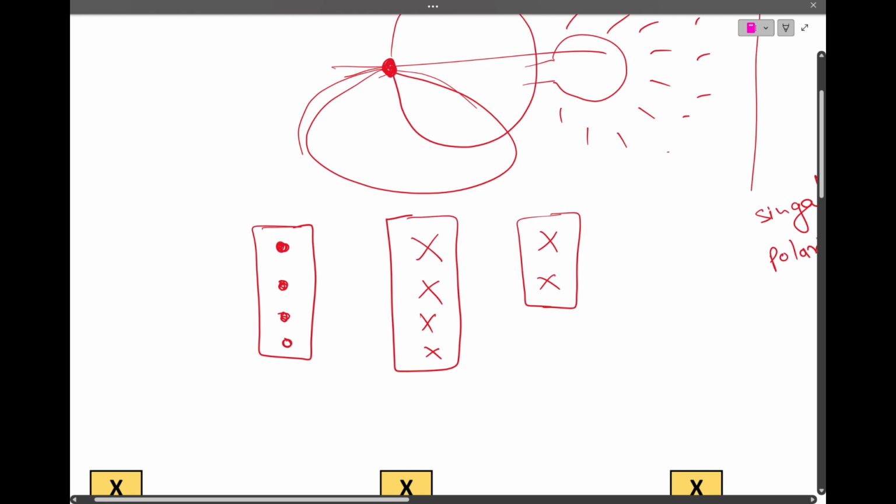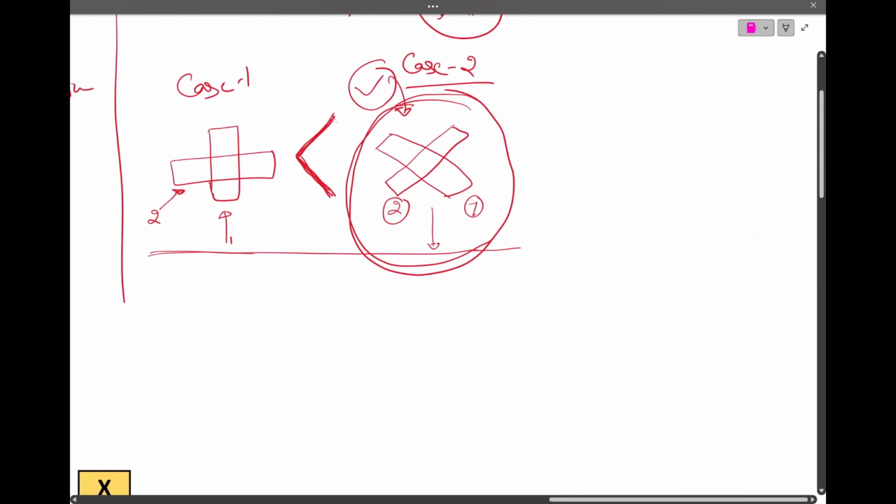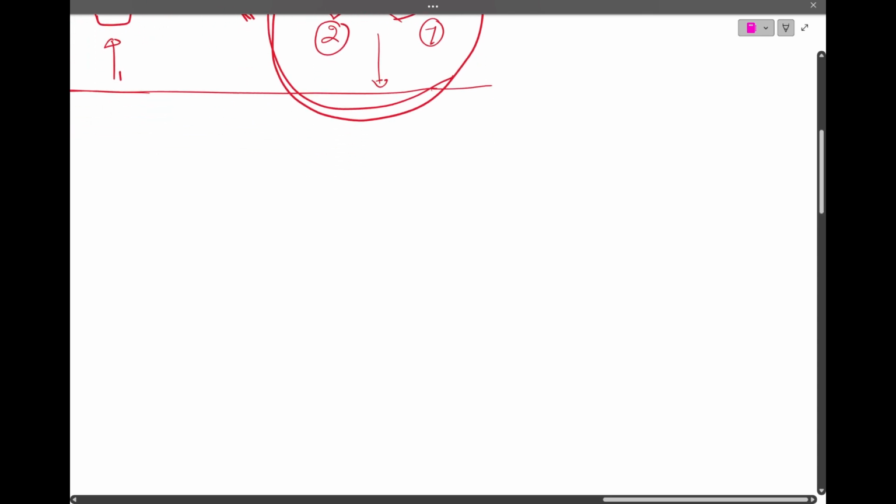This is called an antenna array. Now let's understand what happens when you place two antennas together.